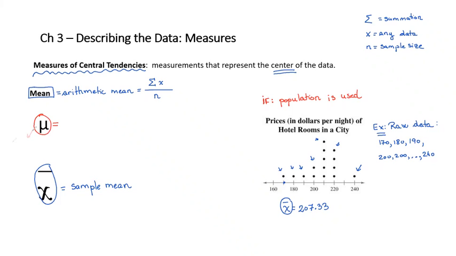This is a Greek letter, mu, and this is actually the population mean. Okay, so if someone looks at this data and says, you know what, that's my population, which theoretically makes sense, practically it doesn't make any sense, right? But let's just assume it's a big if right here. Then this result right here will be denoted with mu, not with x bar, and that will be the mean of the entire population.